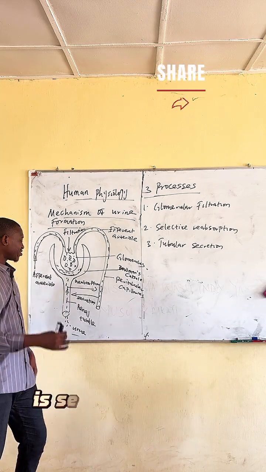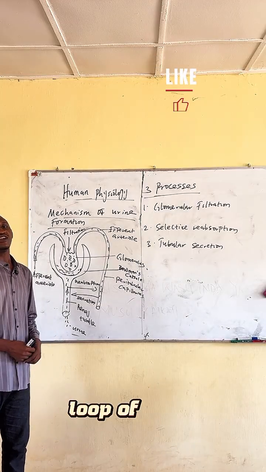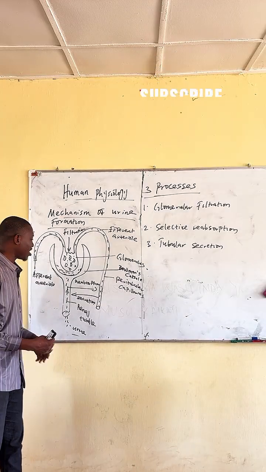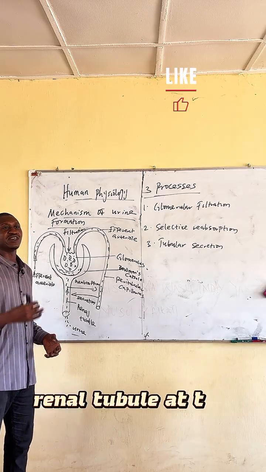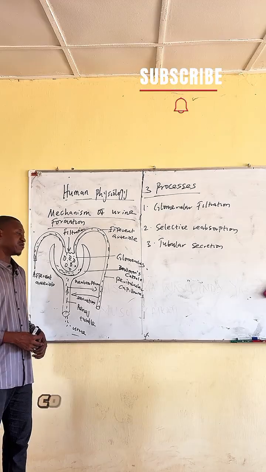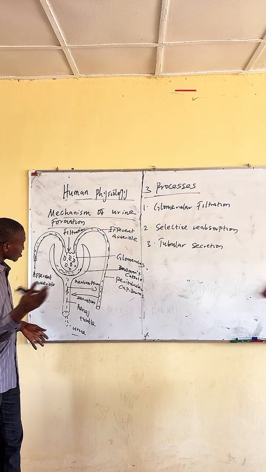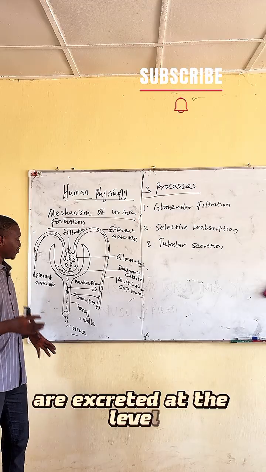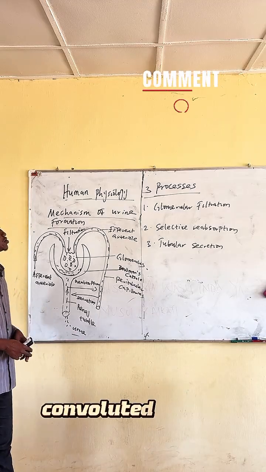Urea is secreted into the renal tubule at the level of the loop of Henle. Potassium is secreted at the level of the proximal convoluted tubule, while hydrogen ions are secreted at the proximal convoluted tubule as well as the distal convoluted tubule.